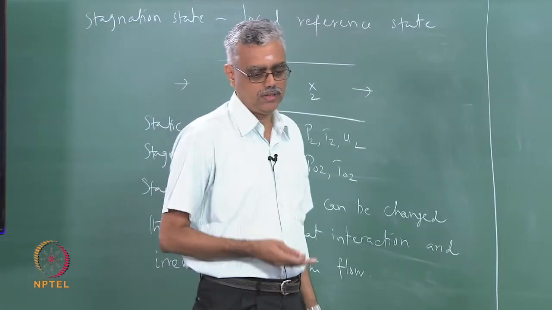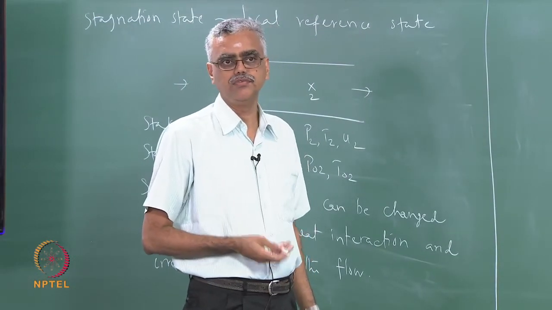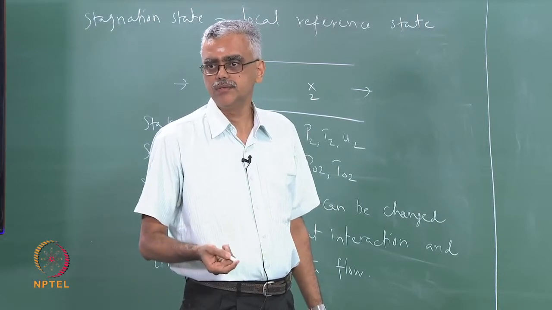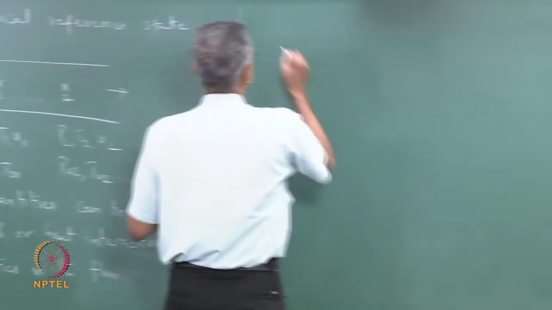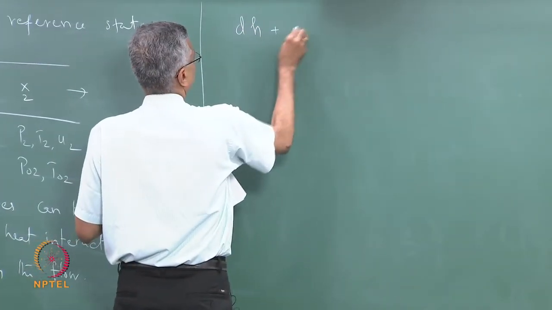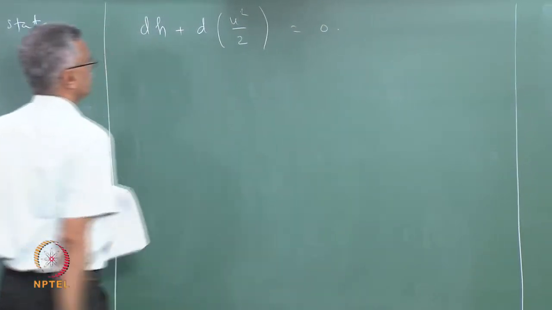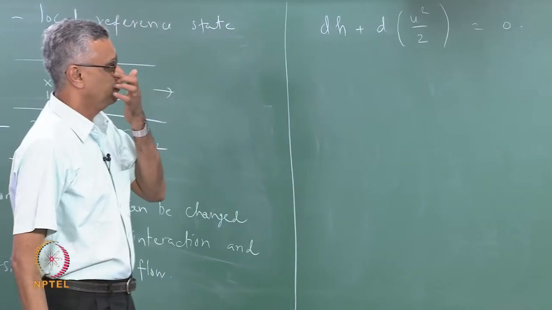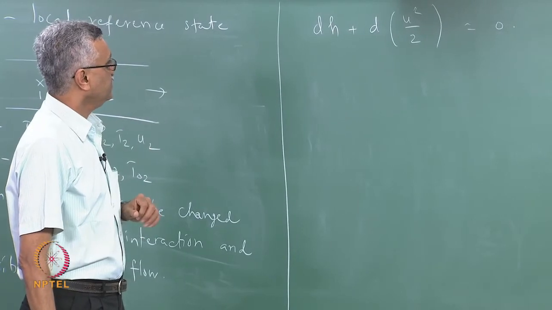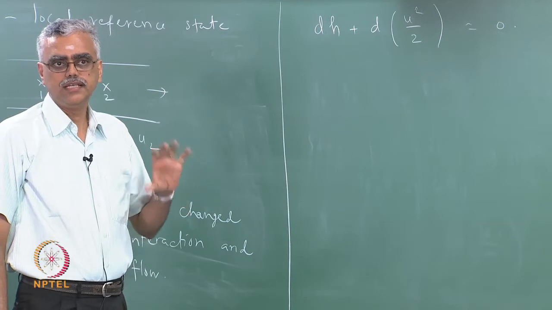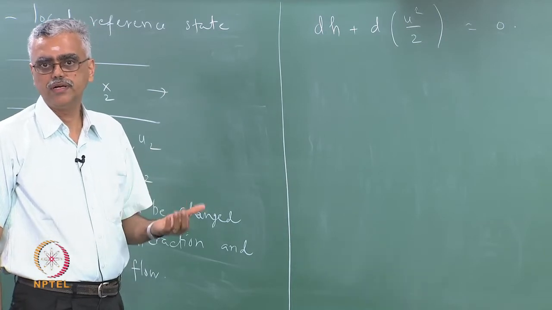Now, notice that, or you should recall that when we calculated stagnation temperature, we used the energy equation alone for calculating the stagnation temperature. So, if you go back to the energy equation, you remember we wrote it like this. This was the energy equation that we had written down, and if there is heat or work interaction, then the energy equation has to be modified to take that into account.